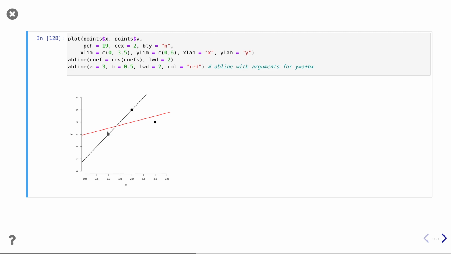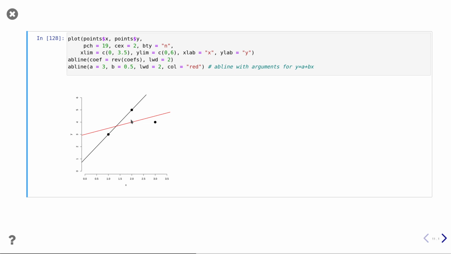So I can look at the distance between x equals 1 in the data point and x equals 1 on this line that I'm creating. The same way I can look at the distance between x equals 2 in the data point and x equals 2 here.